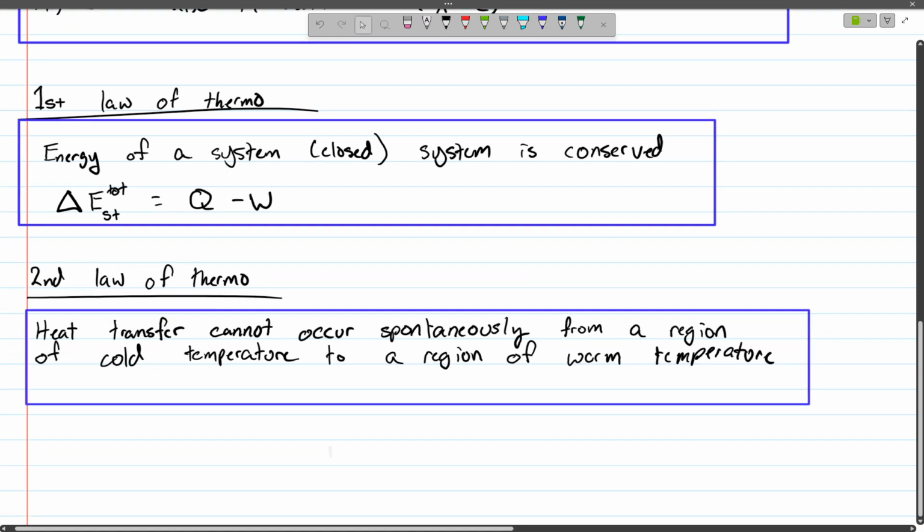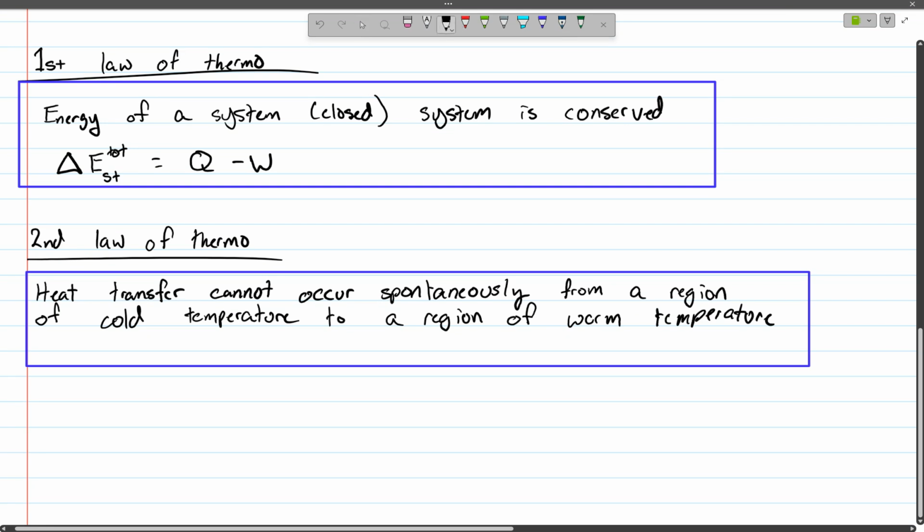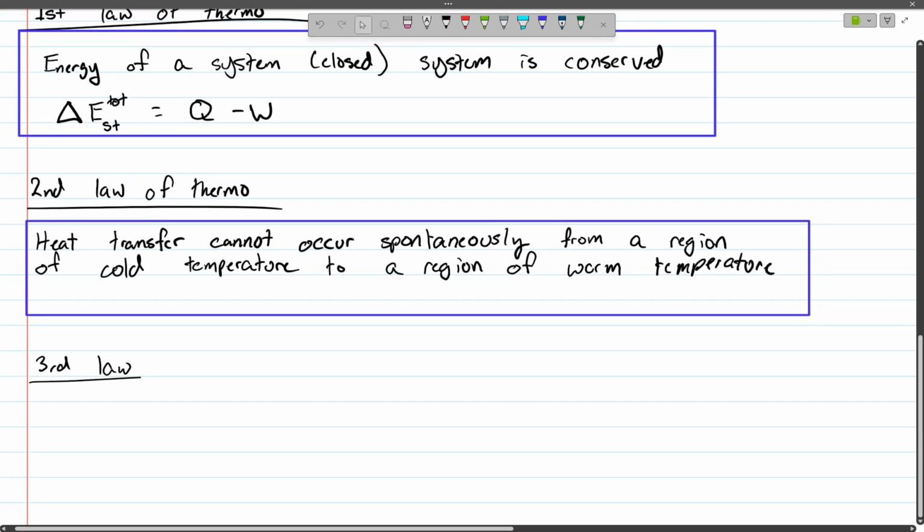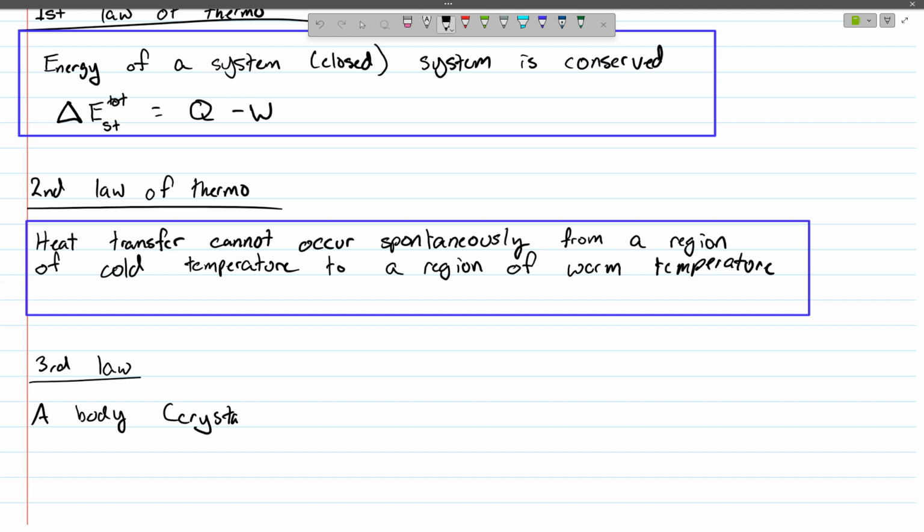Okay, and then the third law, which, again, is getting into the more esoteric, is that a body, specifically a body that has a crystalline structure, at zero absolute temperature has zero entropy.